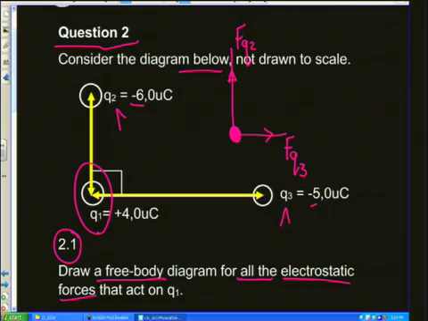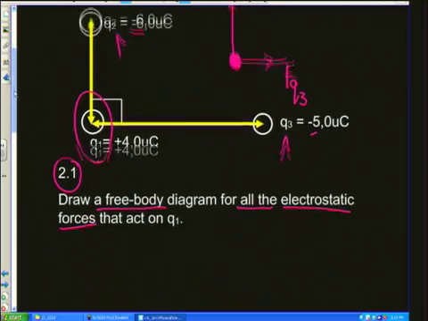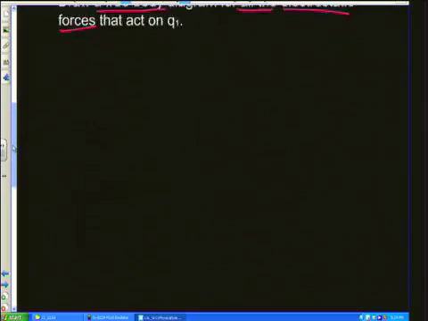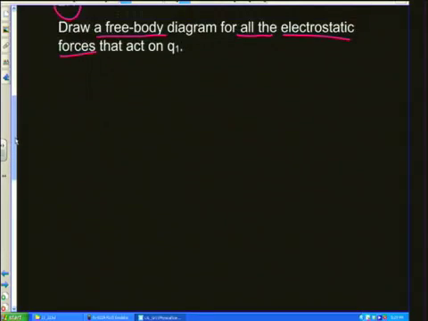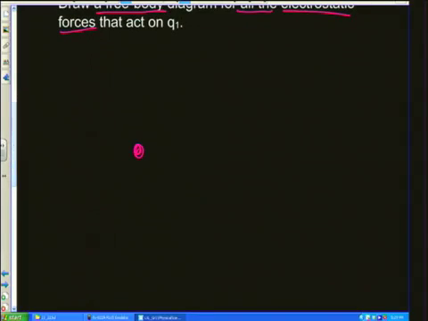You do that, you have answered that question. Let me just do that quickly. That's F due to Q3, and that is F due to Q2.